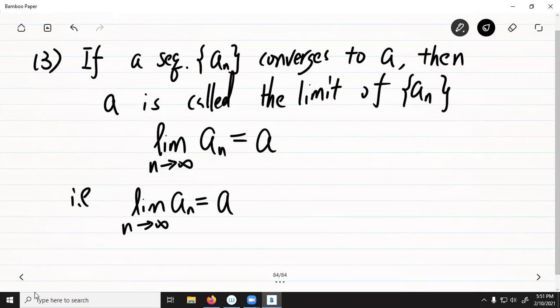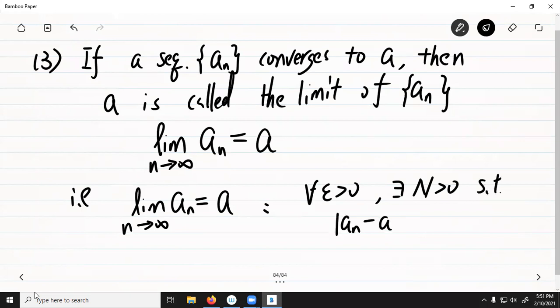It means for any epsilon greater than 0, there exists a capital N greater than 0 such that |a_n - A| is less than epsilon for all n greater than or equal to this capital N. So you need to memorize this definition, and should be very familiar with it.